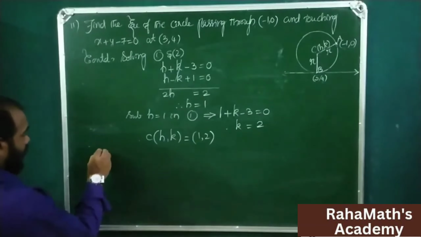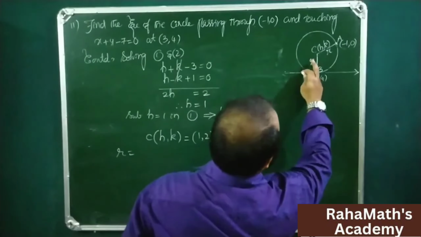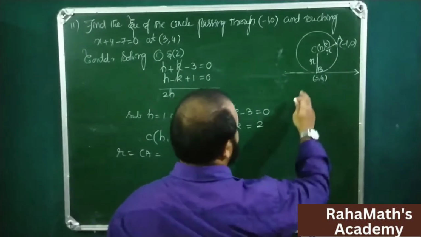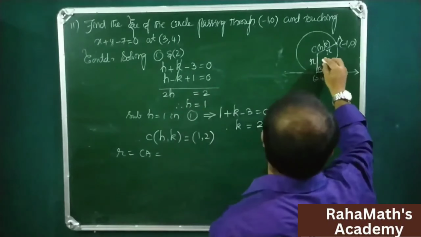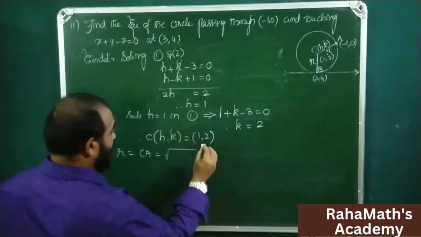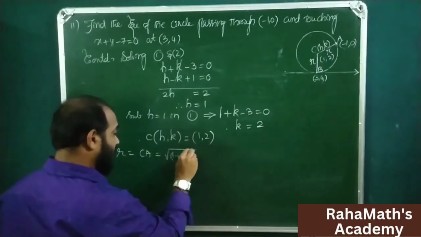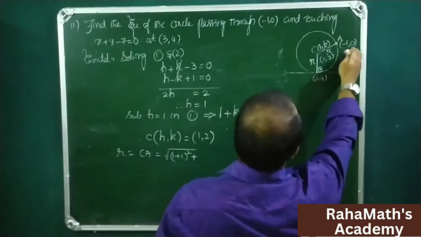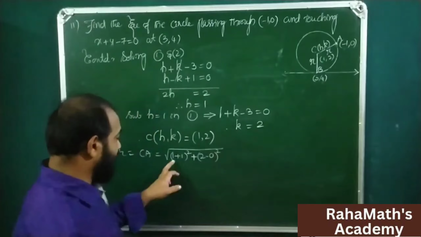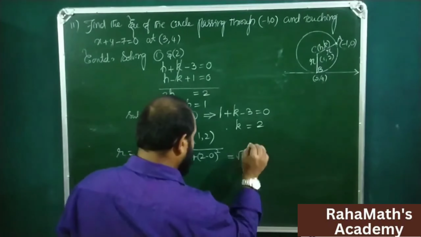So the radius r equals CA. The C value is 1 comma 2 here, and A is minus 1 comma 0. So the square root of (1 plus 1) whole square plus (2 minus 0) whole square. So 2 square 4, 2 square 4, so this is root 8.